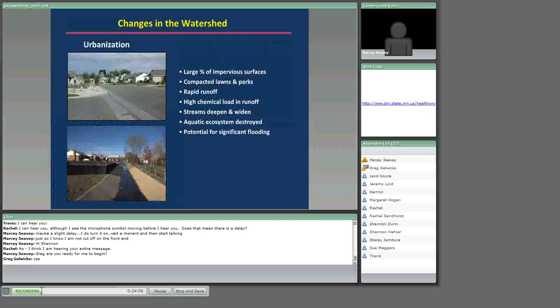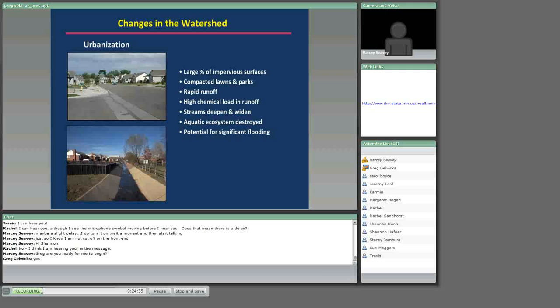And other changes in the watershed. Urbanization is one that has, in urbanized areas, a large percentage of impervious surfaces, compacted lawns and parks, and this results in rapid runoff. There are also high chemical loads in the runoff from fertilizers applied to lawns, and also from runoff from streets.